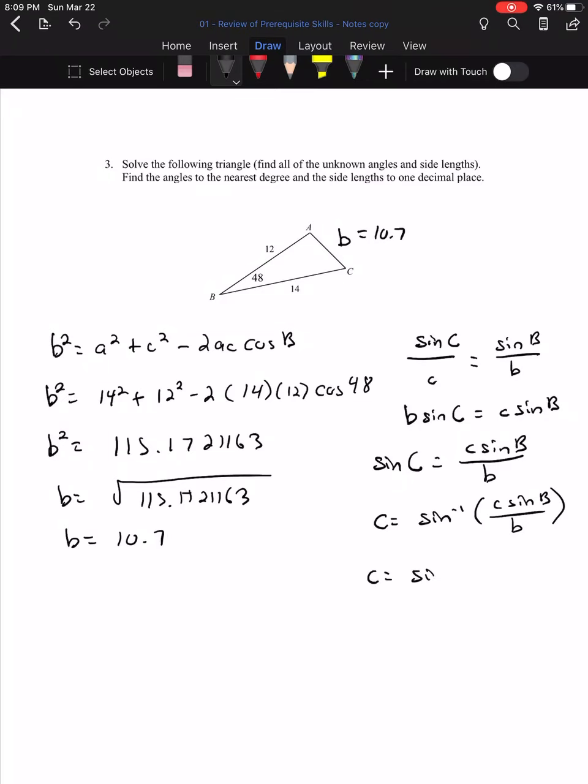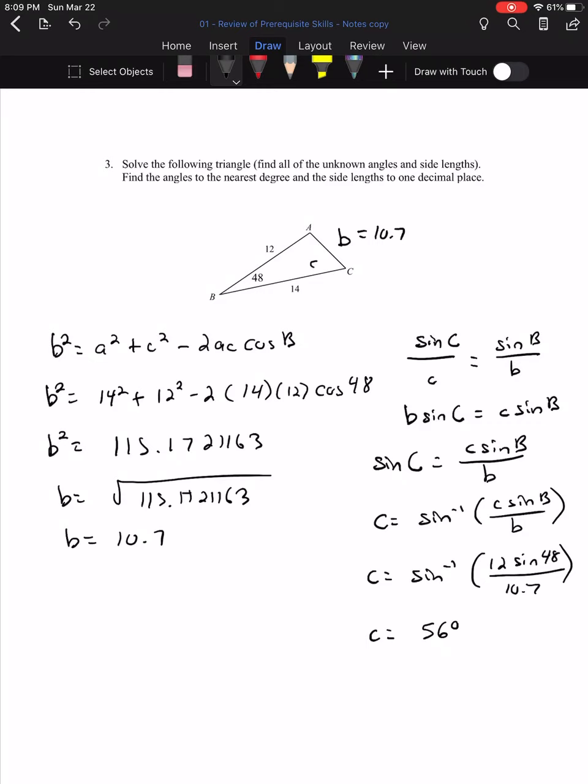And so, ready to sub in here. Little c is 12. Big B is the 48. And the little b is this 10.7 I just calculated. Here I go. Sine inverse 12 sine 48 divided by 10.7, 56 degrees.